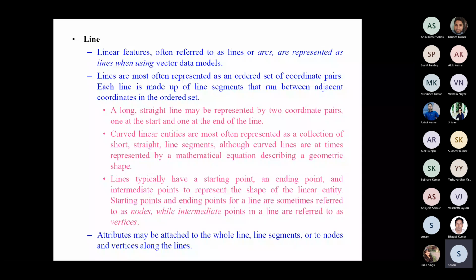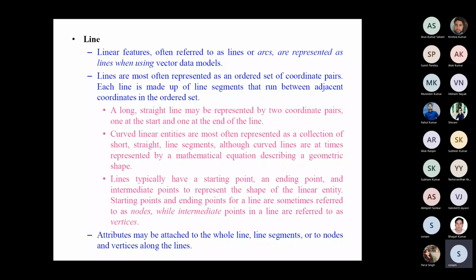Now, when we talk about a line, how many points can be there? Minimum 2. If we, as a non-GIS person, when we talk about a line, as a mathematician, if you say line, it will mean straight line. There will be one start coordinate, there will be one end coordinate. That's it. The term polyline is the correct one.